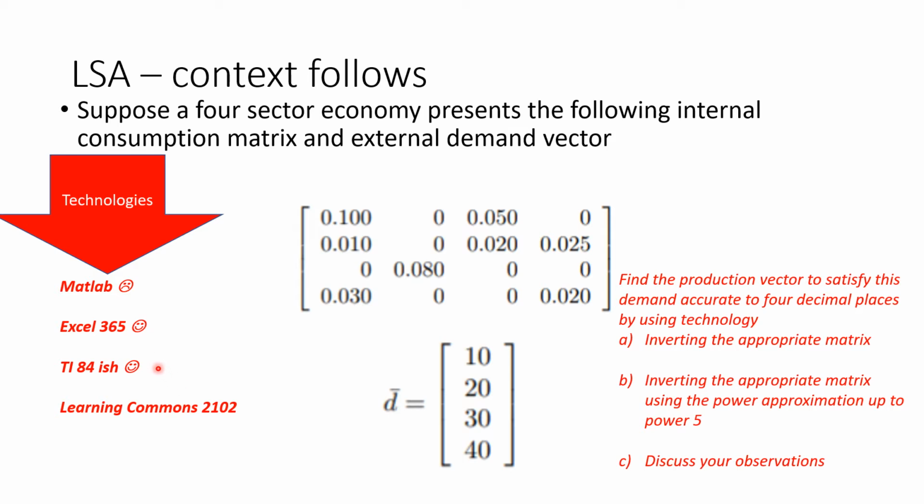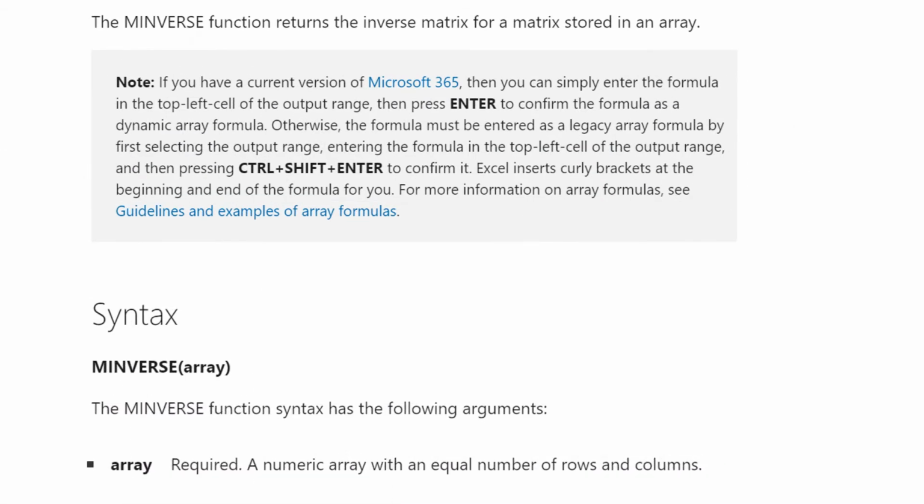And also you have access to TI-84-ish technology. Either you have one or you can go to the Learning Commons and get one. So these are technologies that you can use even though we do not have MATLAB at the present. So that's the LSA, but now we're going to give you a little bit of context. Oh, and here's the function.